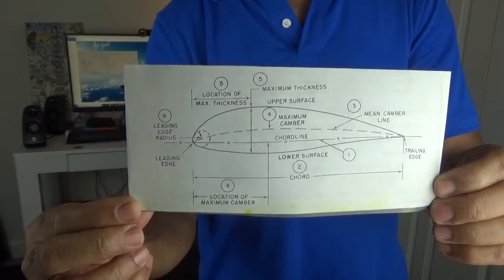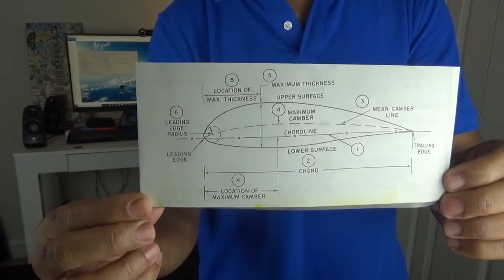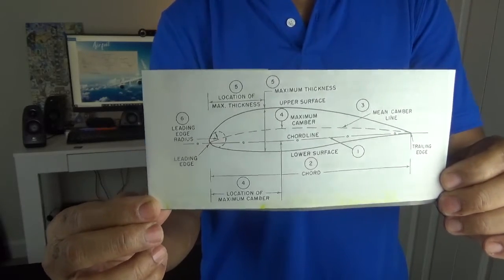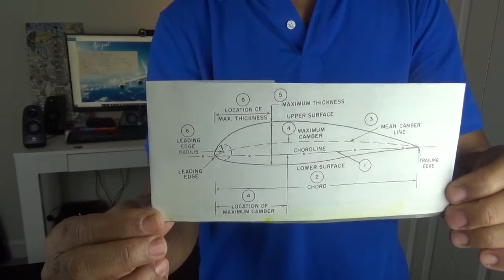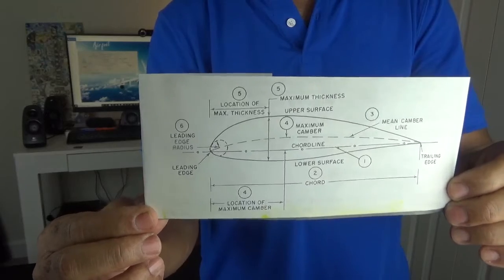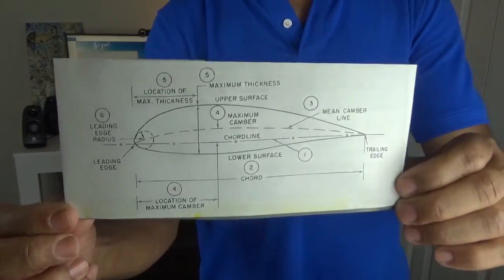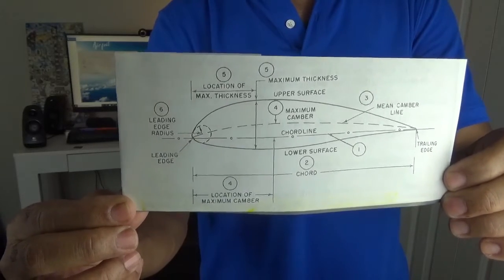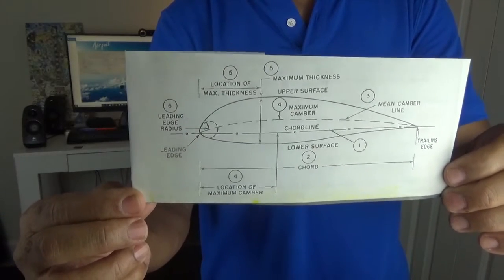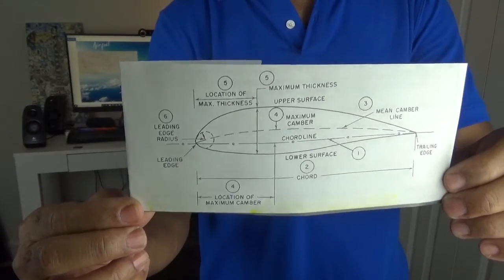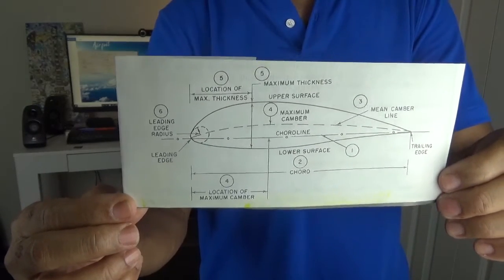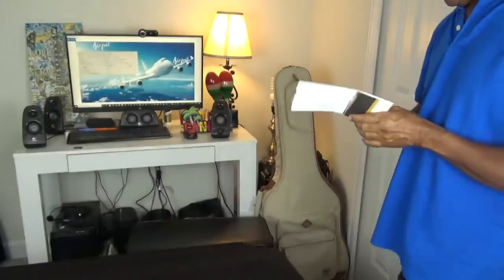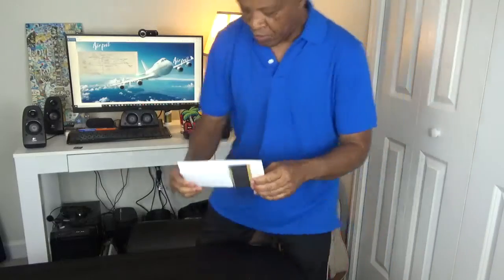Take a good look at it because we're going to talk about different parts of it. This is an airfoil, a slice of the wing of an aircraft, of an airplane.